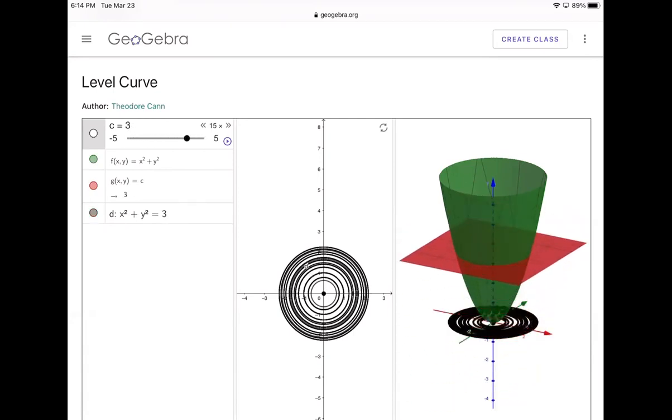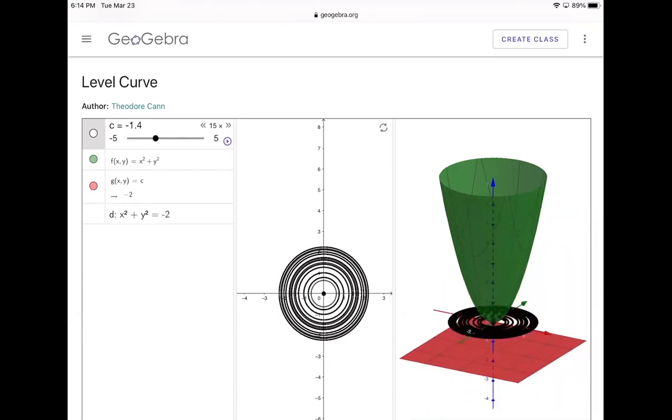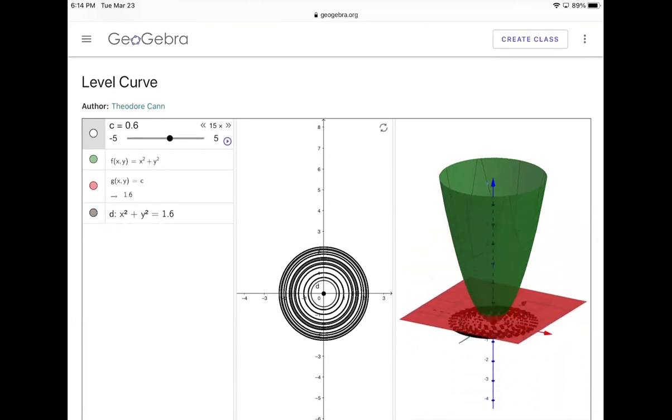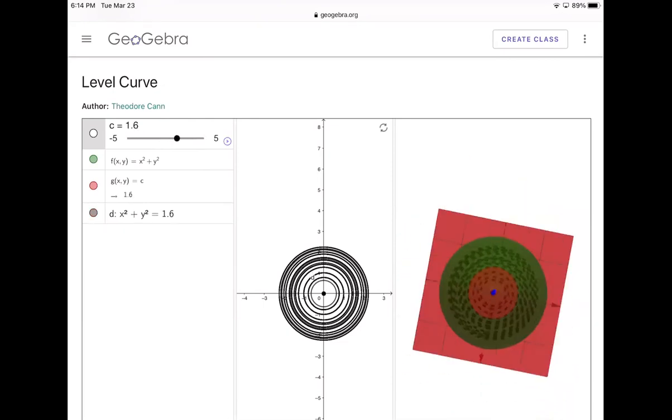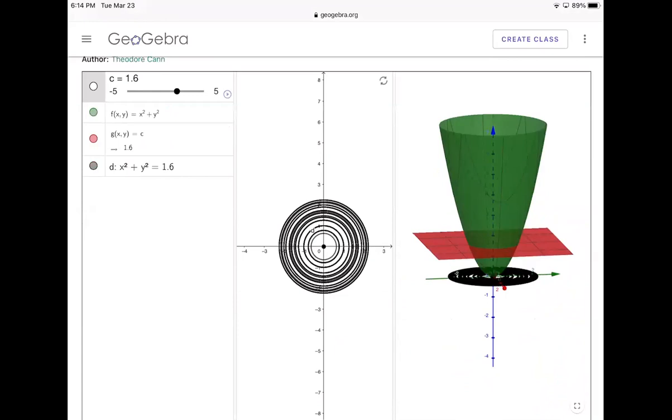The closer they are bunched together, the steeper the relationship is. It's kind of cool that you can see them in real time, plotted adjacent to one another. So that's the idea.